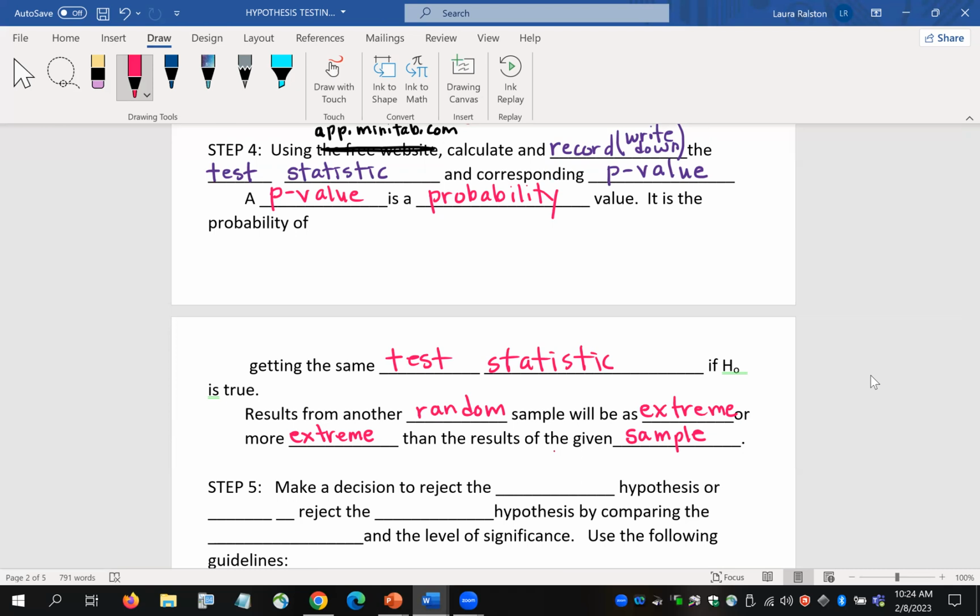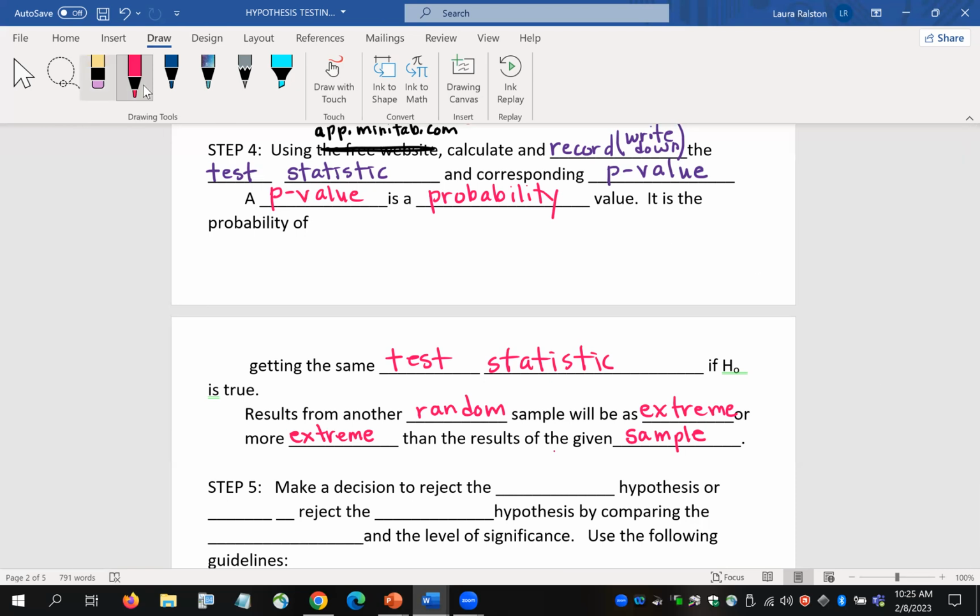Now, I don't tend to get caught up so much in all the theory. It's more important that you know how to use, interpret, and apply that p-value than it is that you fully grasp what the p-value is.